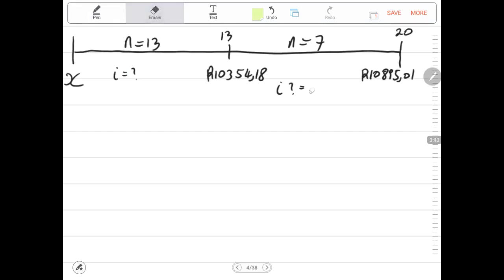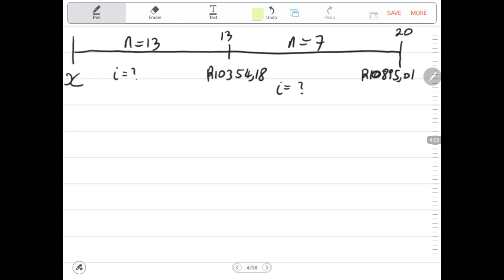So we are looking for I. Remember, when I'm saying I in this case, I'm referring to I that is compounded monthly, which is the nominal rate of interest. Remember once again that the effective rate of interest is the rate that is per annum, not compounded, the annual rate of interest.